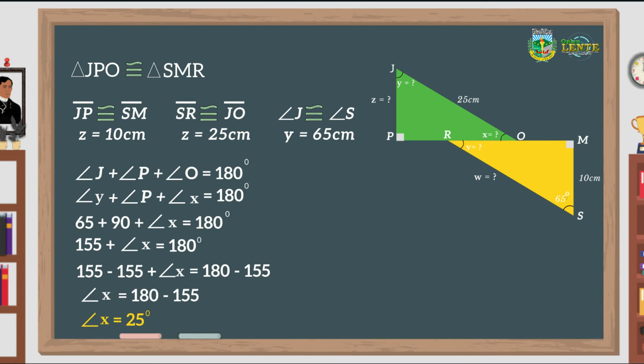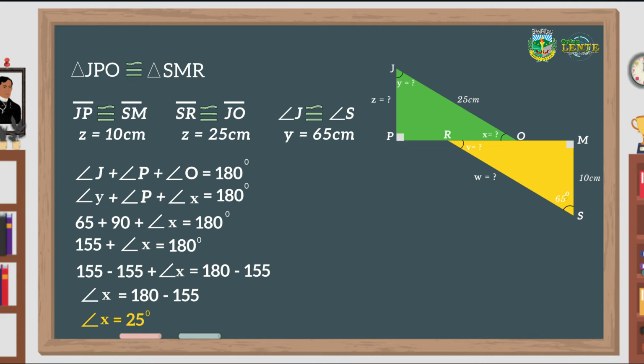Angle J plus angle P plus angle O is equal to 180 degrees. Angle Y plus angle P plus angle X is equal to 180. 65 plus 90 plus angle X is equal to 180. 155 plus X is equal to 180 degrees.